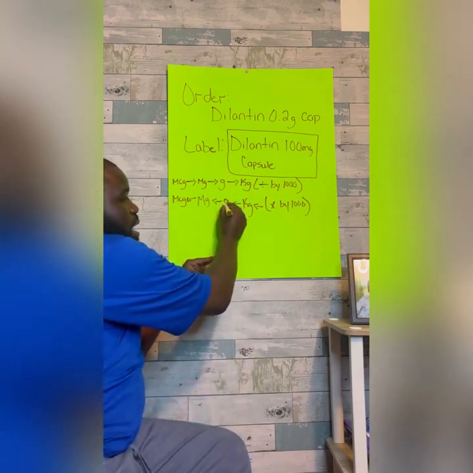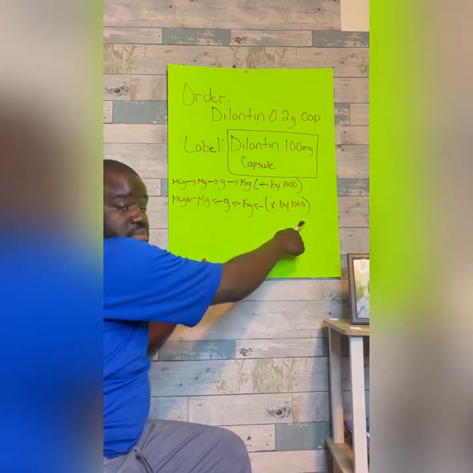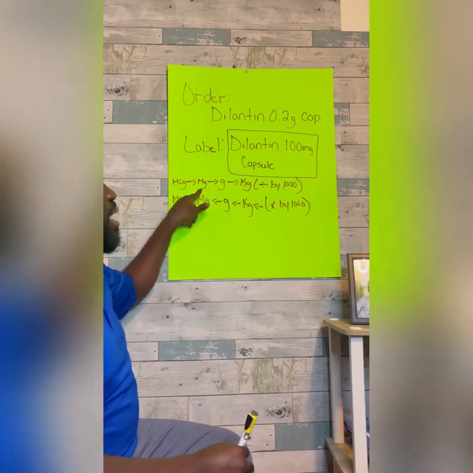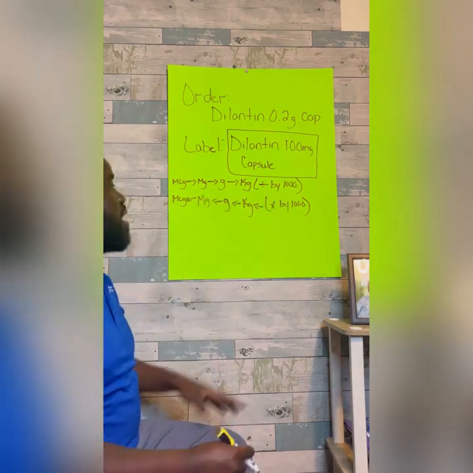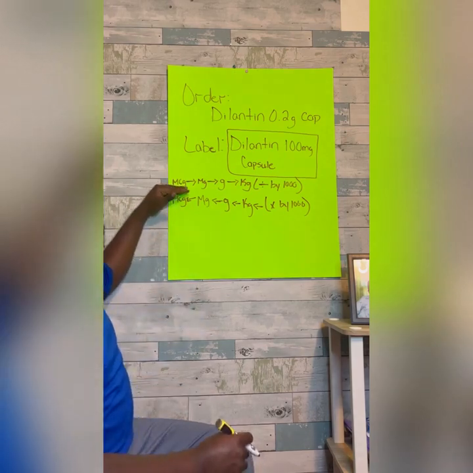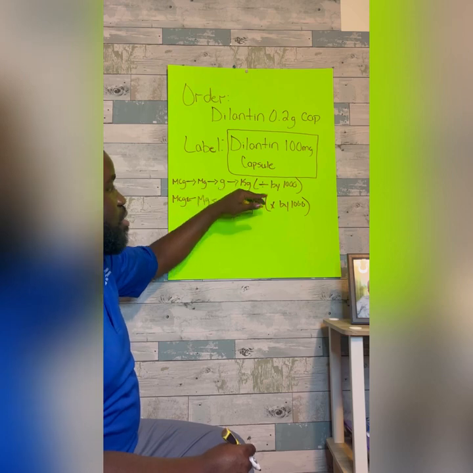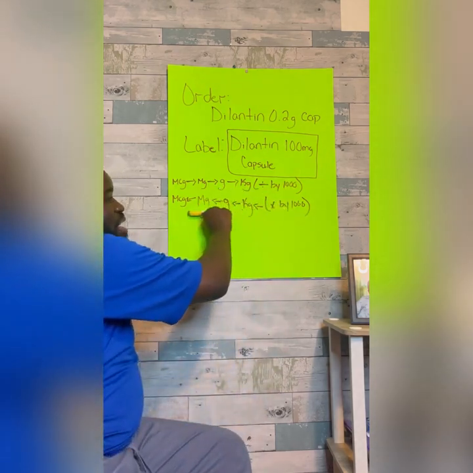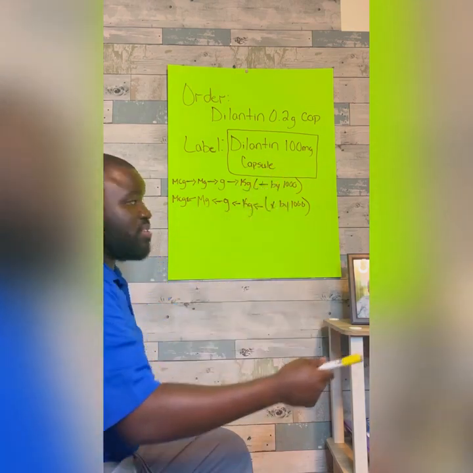So if we're going from grams to milligrams, we're going to times it by 1,000, all right? If we were going milligrams to grams, we're going to divide by 1,000. You see what it looks like? So if we're going in this direction, okay, you're going to divide by 1,000. If we're going the opposite direction, we're going to go and multiply by 1,000, okay?